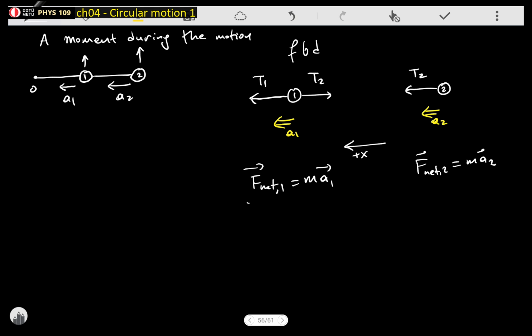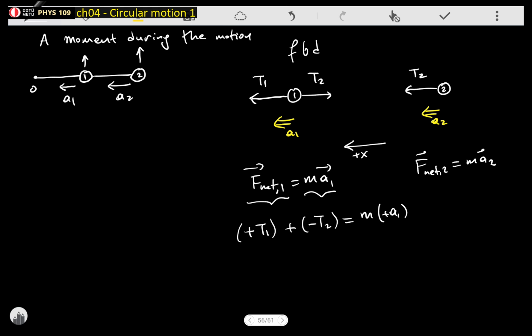So what we do, again, we just write down the x components. So T1 has an x component which is plus T1, and T2 has an x component which is minus T2. The acceleration A1 has an x component which is given by this component in here, so that's plus A1.